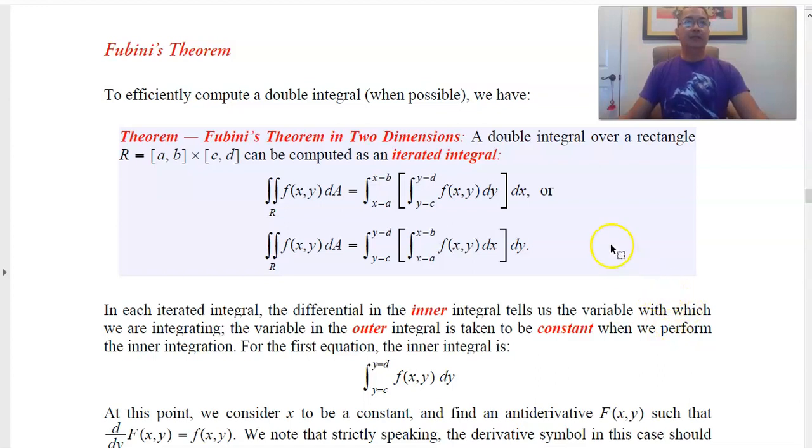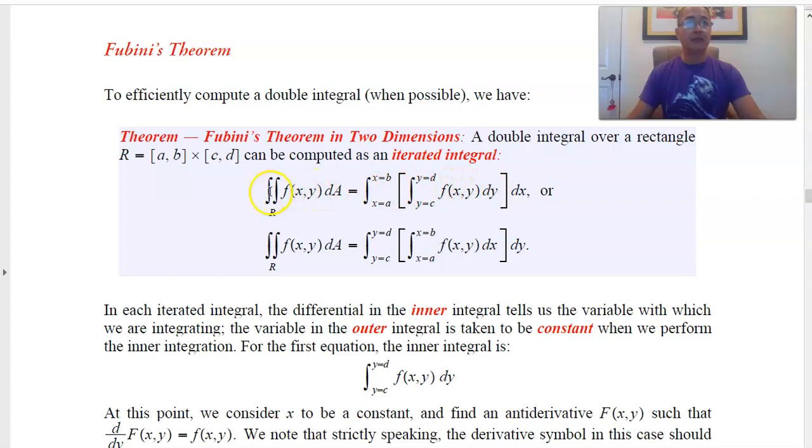So Fubini's theorem in 2 dimensions says that a double integral of a continuous function over a rectangle, where x is from a to b and y is from c to d, can be computed as an iterated integral. So there are 2 versions.